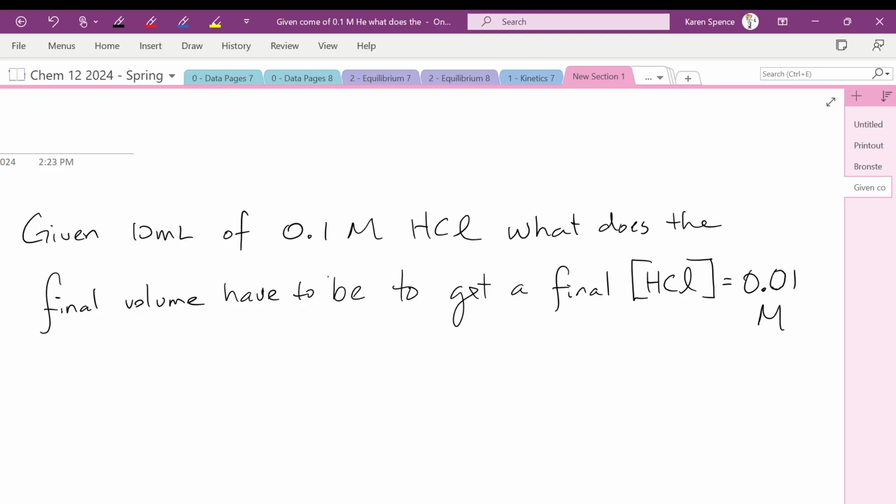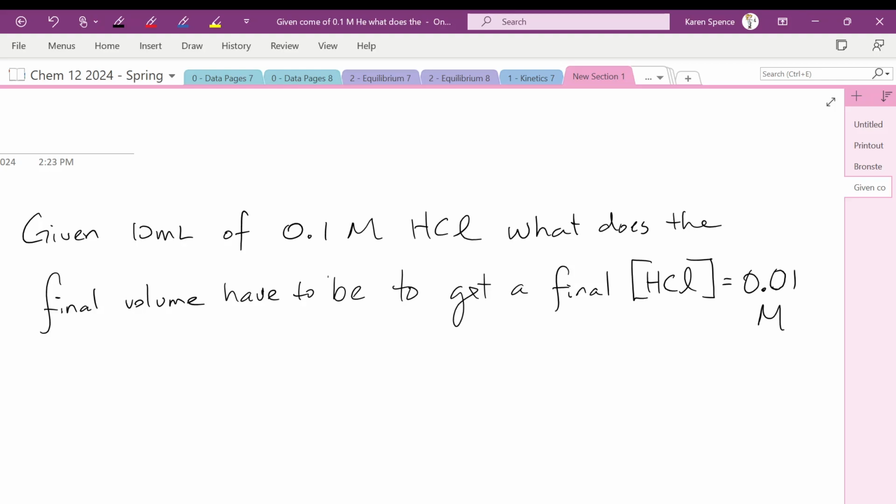I've got 10 milliliters of my acid. I'm going to actually measure it out right now. 0.1 mole.